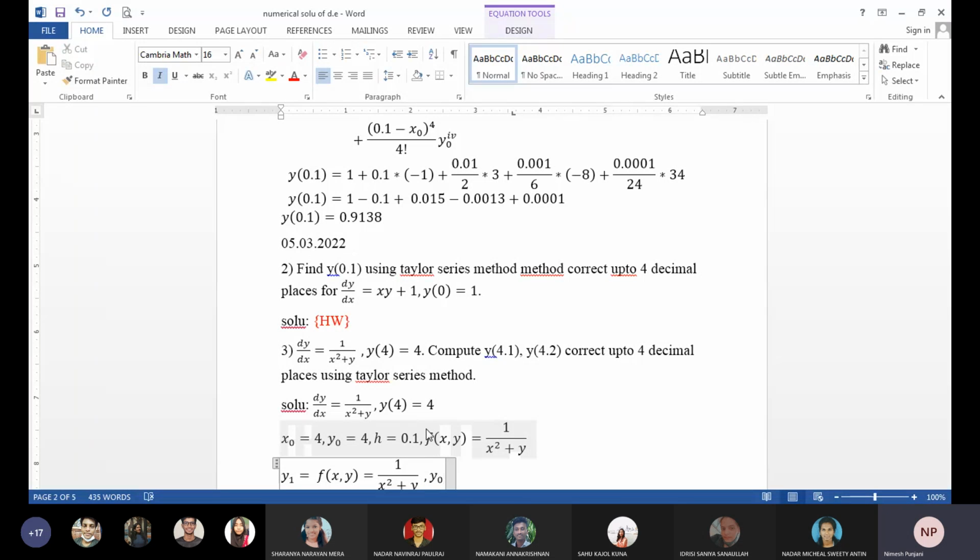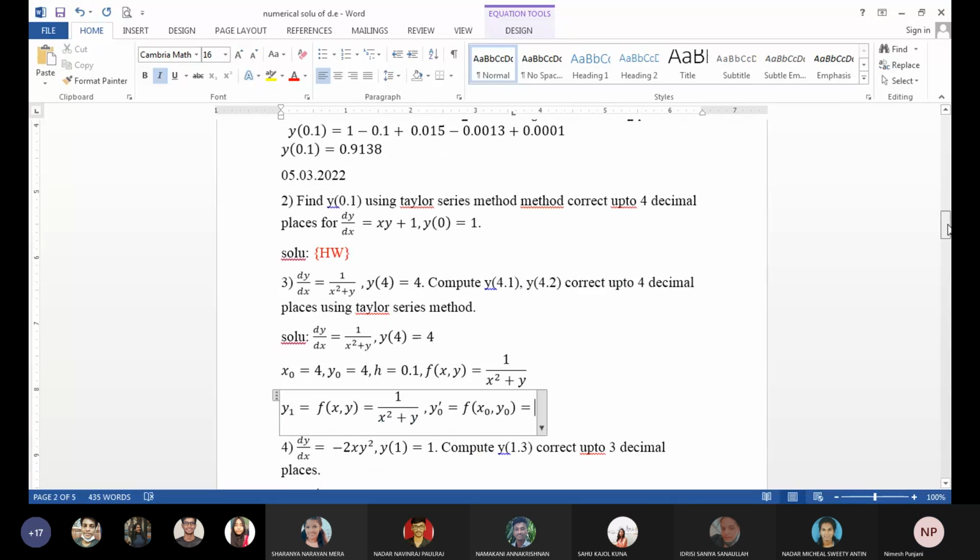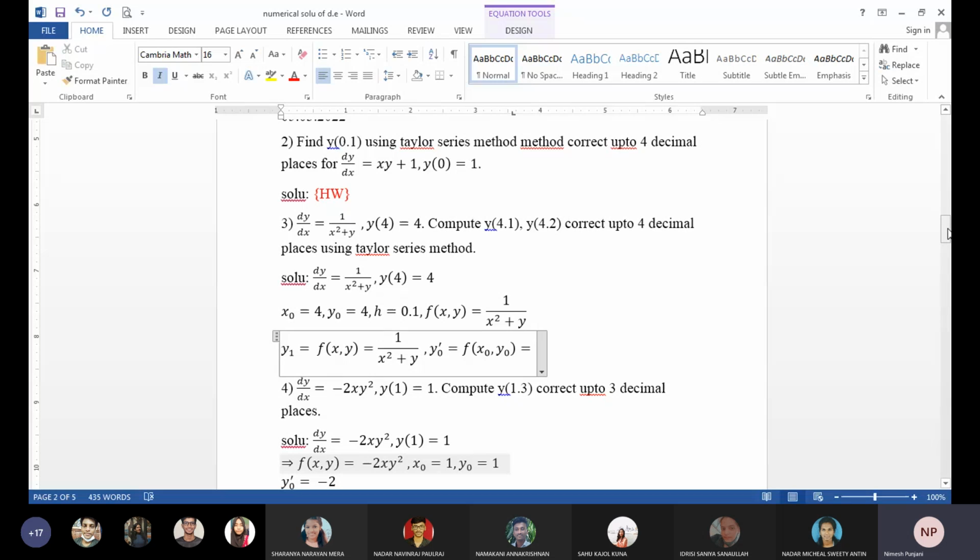So what will be your y0 dash? y0 dash will be f of x0 comma y0. That means in f of x, y we have to put x as 4 and y as 4.